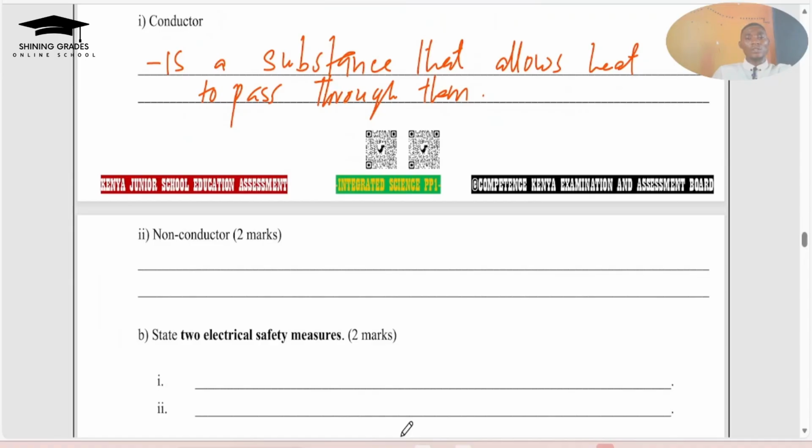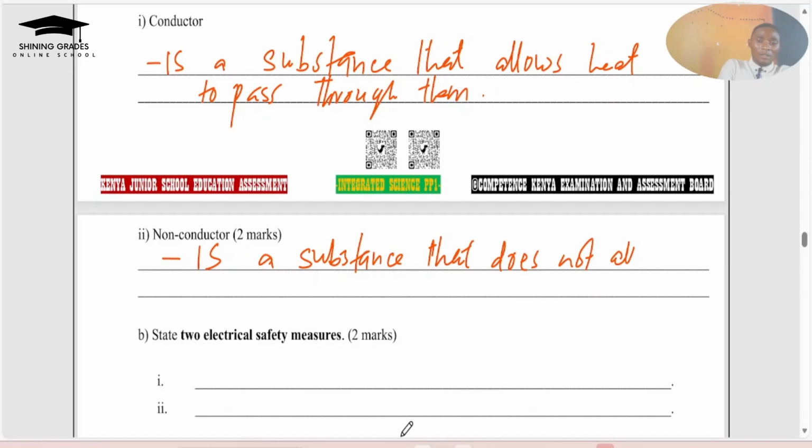Non-conductors are the opposite. A non-conductor is a substance that does not allow it to pass through them.